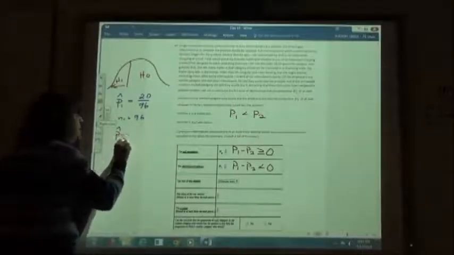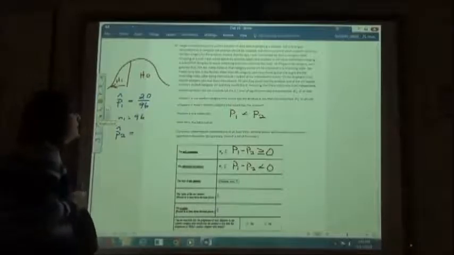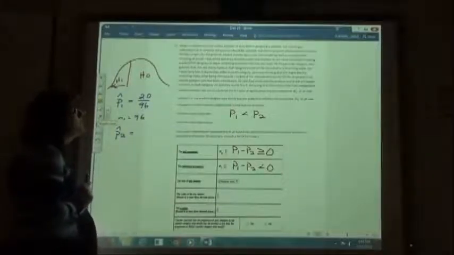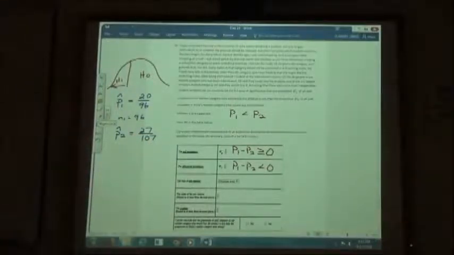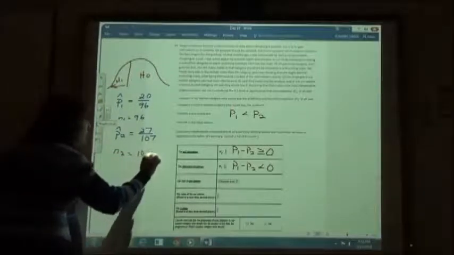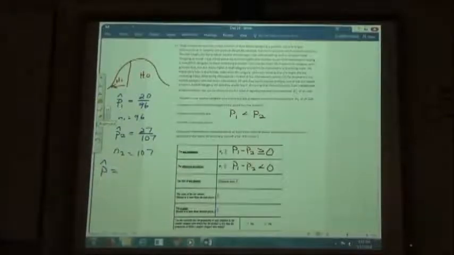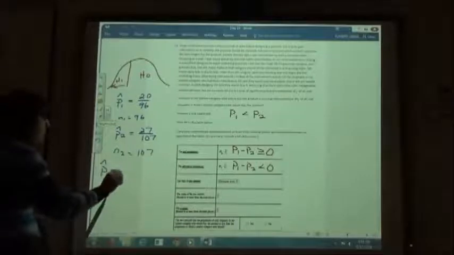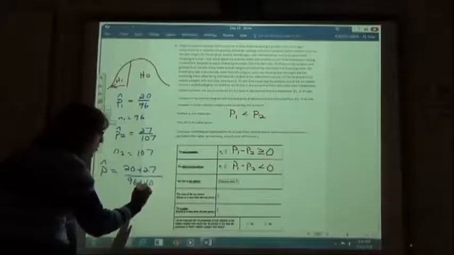For my females, which is my proportion for 2, 27 out of 107, which means my n2 is 107. So now my plain p hat, that doesn't have a subscript, is going to be my numerators added together over my denominators added together. So I'm going to have 20 plus 27 over 96 plus 107.